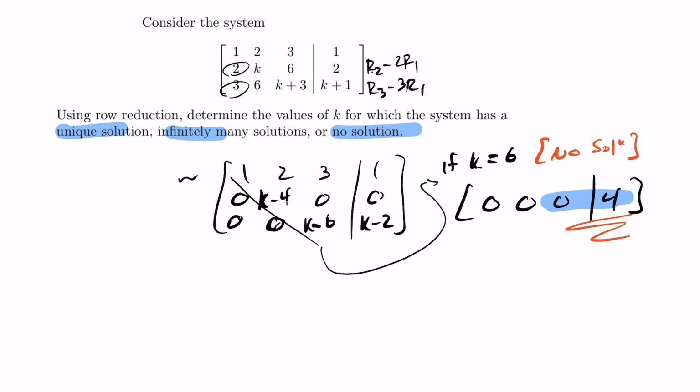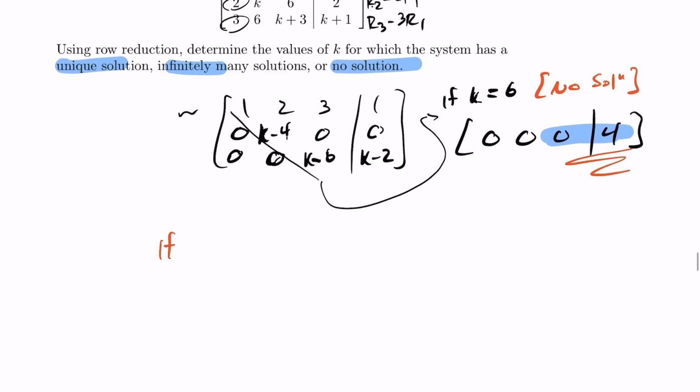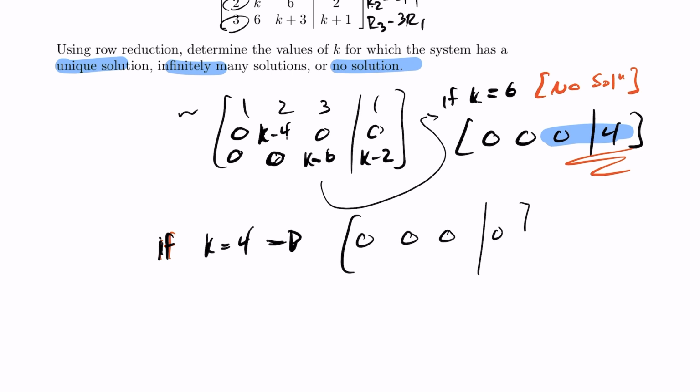Again, if in this situation I have k equaling 4 for the second row, that second row here is going to have an entry of 0, 0, 0, and lastly 0.